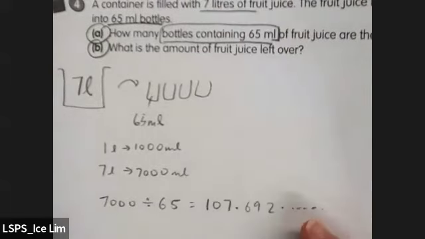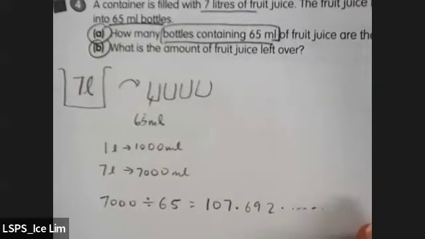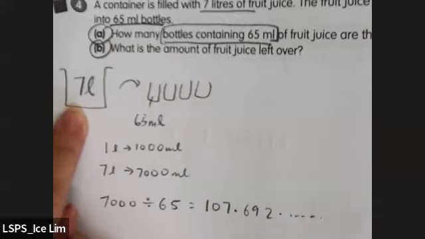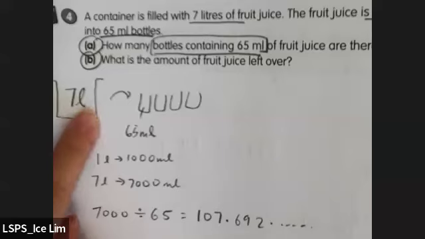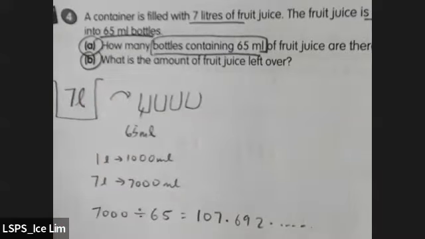Okay, so yesterday we were here. We were talking about how there's this container with juice, 7 liters, and it is poured into bottles.